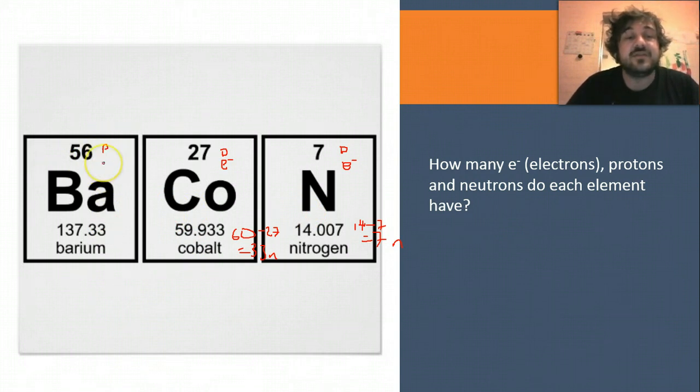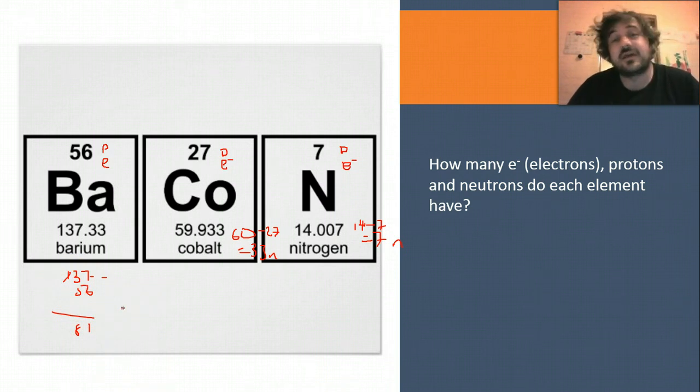Barium gives us 56 protons, 56 electrons, and 137 minus 56, which gives us 81 neutrons. So that's how we use those numbers to work that out.